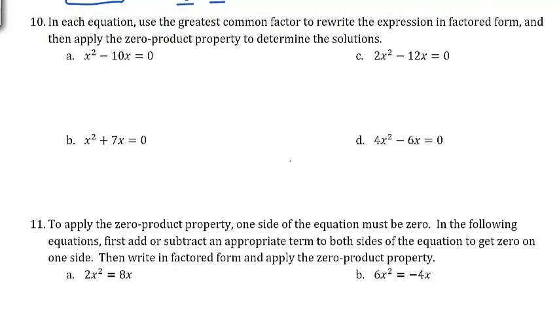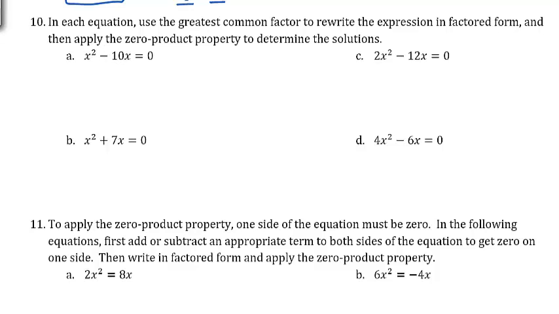And now this time we have to factor out the GCF first, and then we're going to set each of our factors equal to 0 and solve just like we did with the last three. So here it's x squared minus 10x equals 0. This one doesn't have any number. Well, there's an implied 1 there, but there isn't anything that we need to factor out.